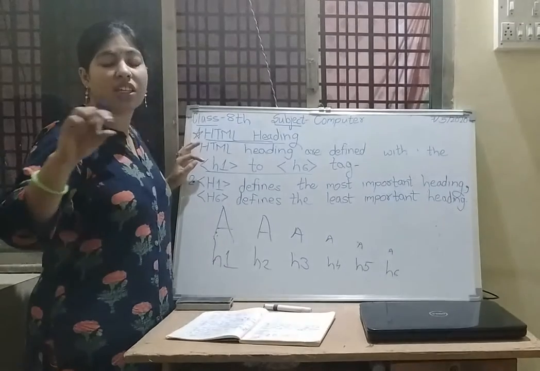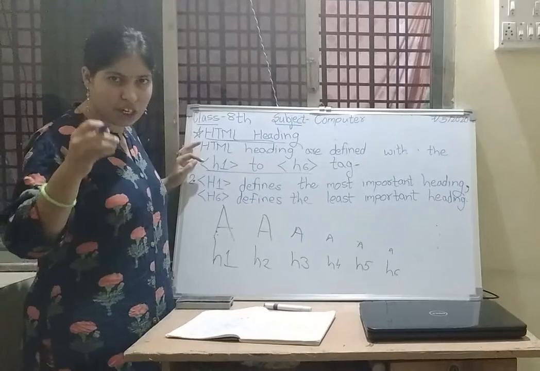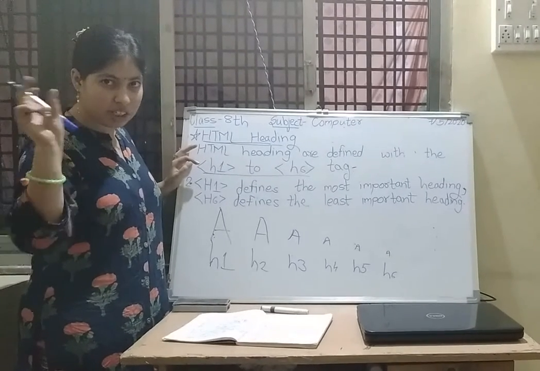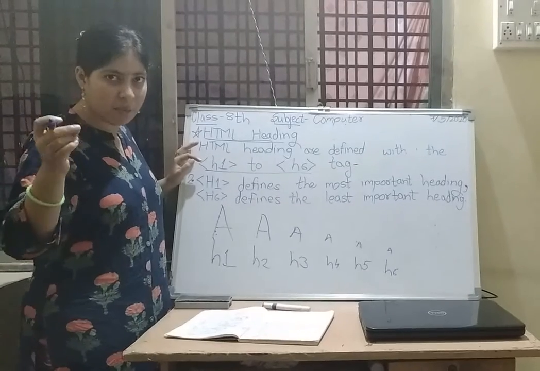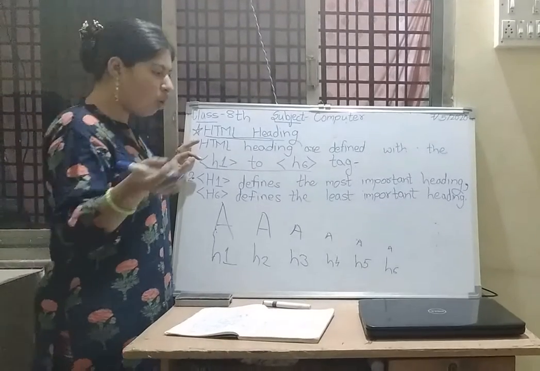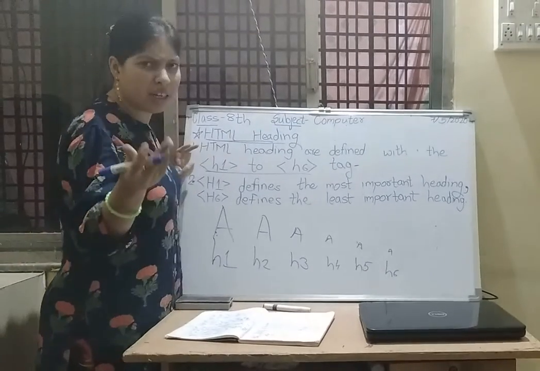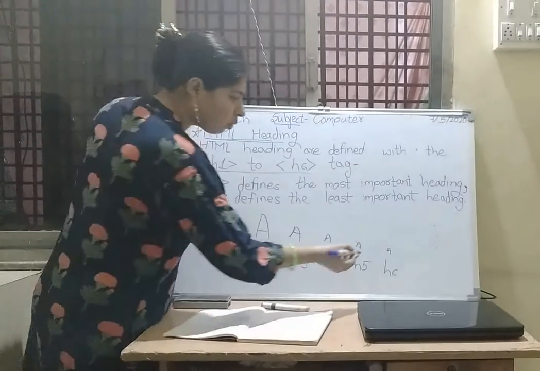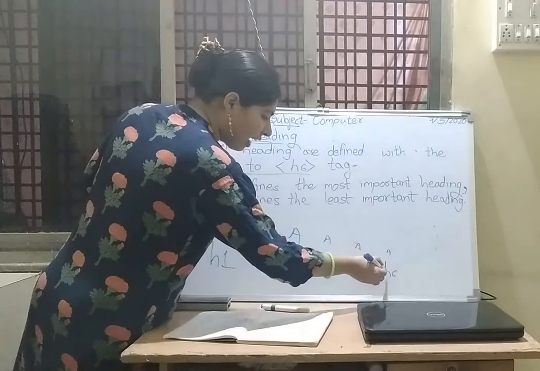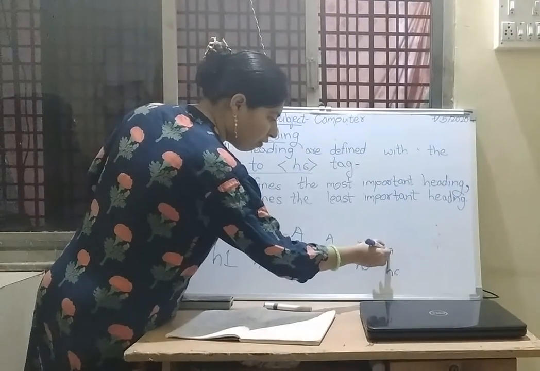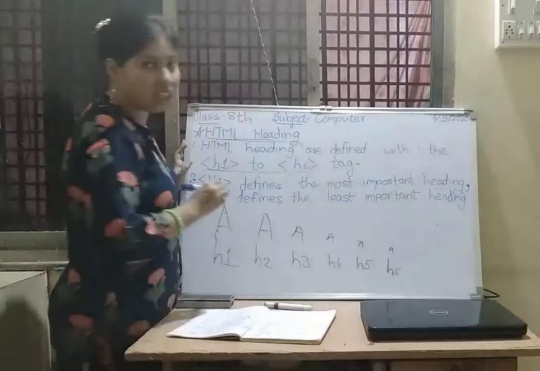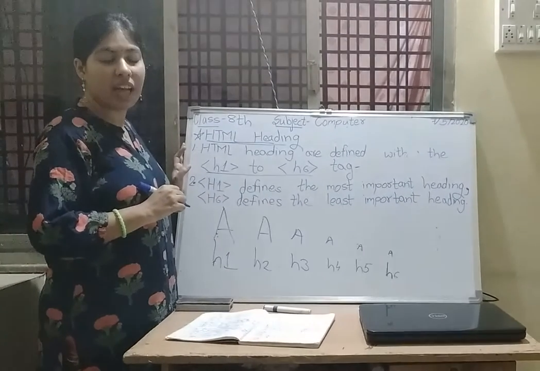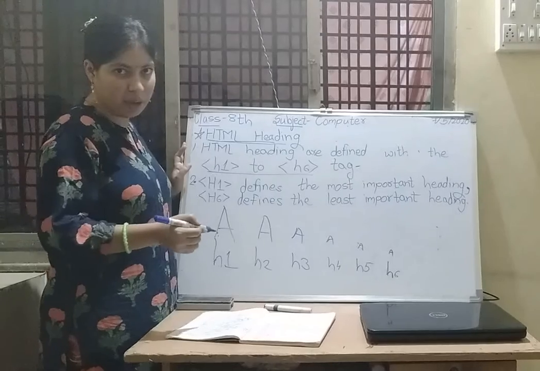Same way, if there is a note written in your history or geography textbook, N-O-T-E, note, this word is written, and in that there is a little bit of description given. That note is not very important for studying or preparing for the exam. So we can say that it is the least important type of heading, which is designed with the help of the H6 tag in HTML.